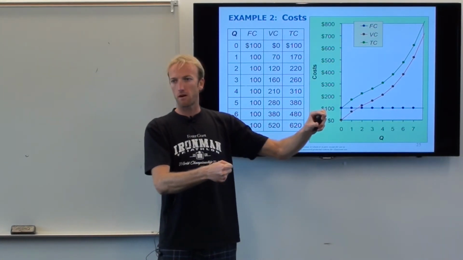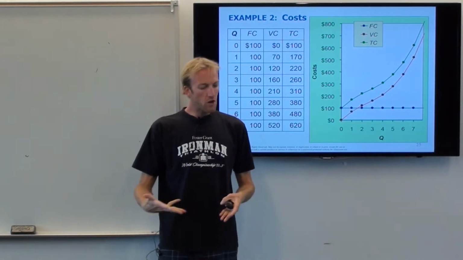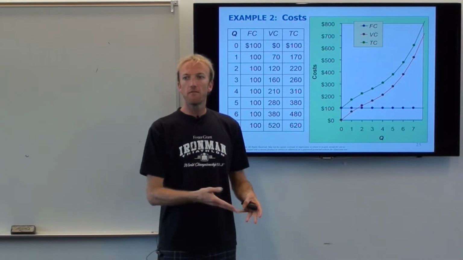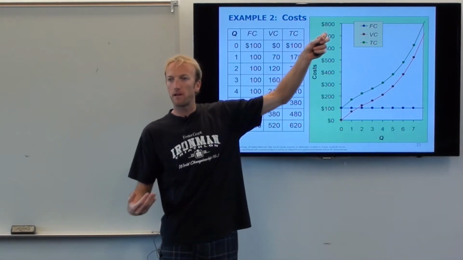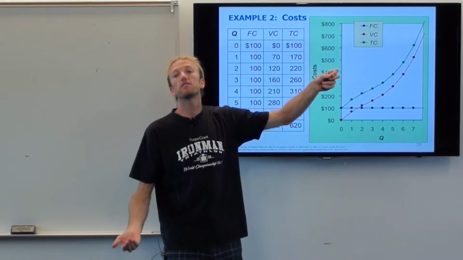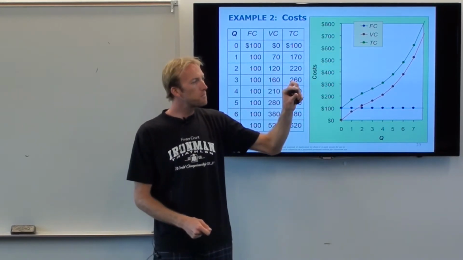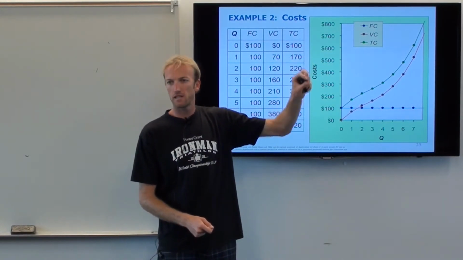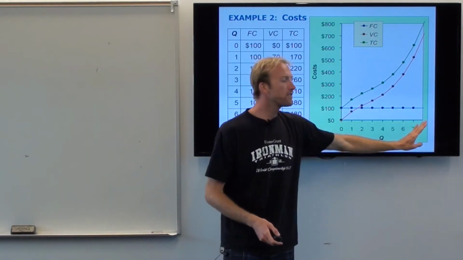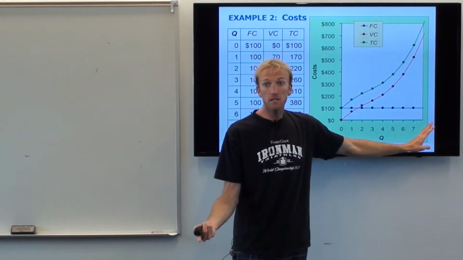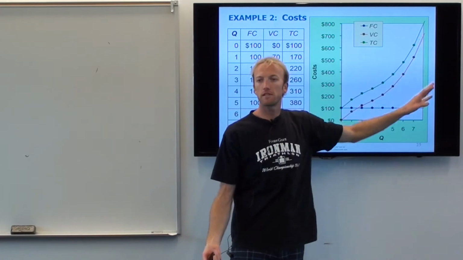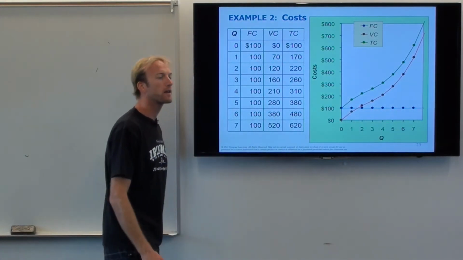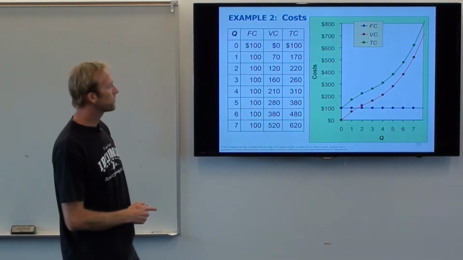You might just get a little bit more output, right? At the beginning, when you're adding workers into your factory, you might get big, huge jumps in your output. But then once your factory's full and you keep adding workers, it's just going to barely increase your output, right? And so in order to get to these high levels of output, you have to have lots of workers. And so that's really expensive. That's why the cost curves start to get out of control.